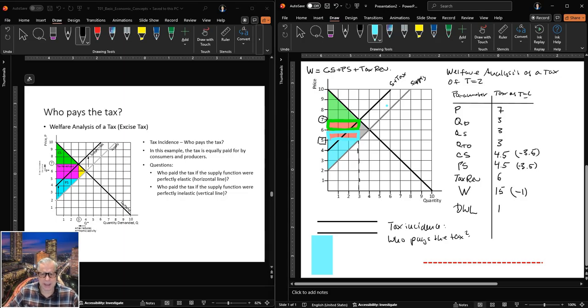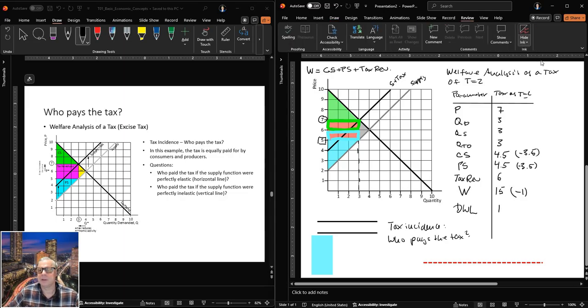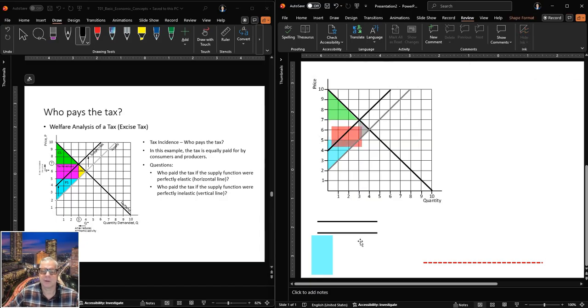If the supply, for example, were horizontal, so if you had a scenario like this, let's just do that. So in this case, the tax was paid equally.